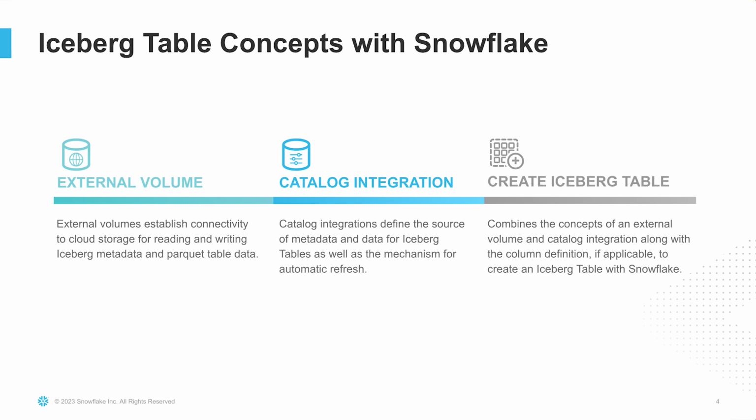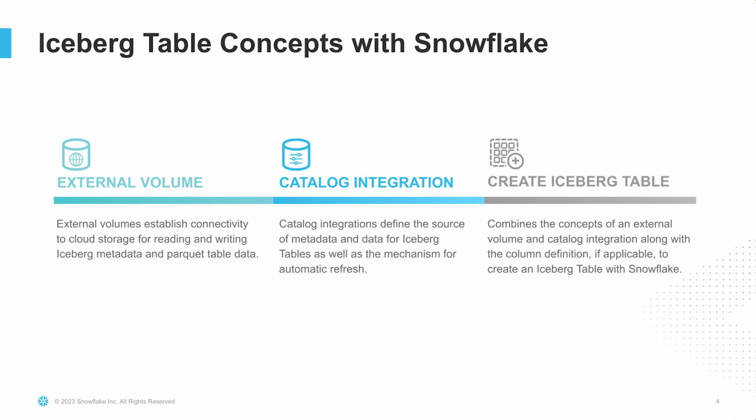And to create an Iceberg table, we need to have an external volume and catalog integration defined. Why external volume? It's just a way of establishing connectivity between your Snowflake account and the cloud storage location where you have your data, just so Snowflake can read the metadata, like the Iceberg metadata and the actual data in the Parquet files, right?